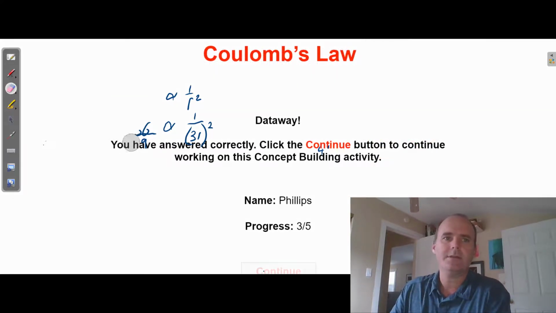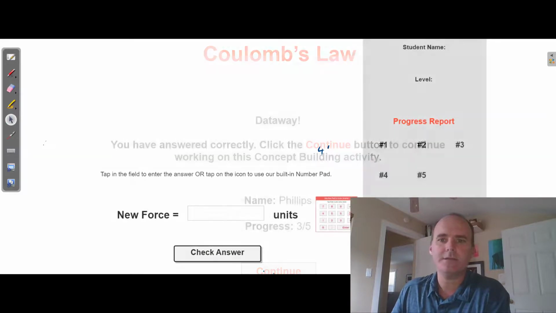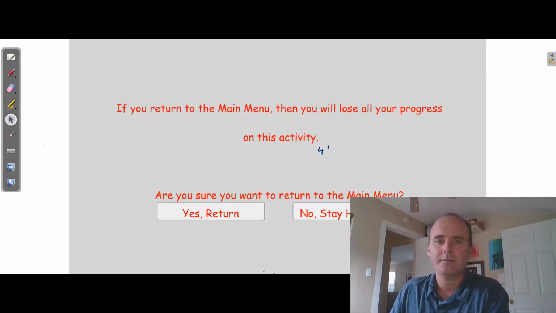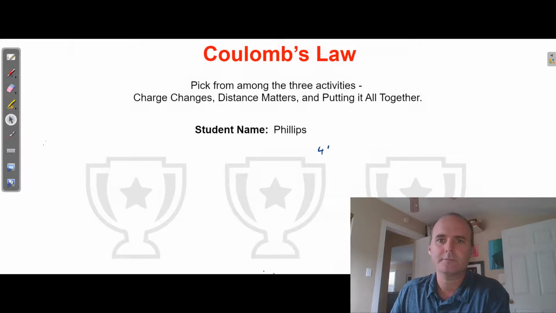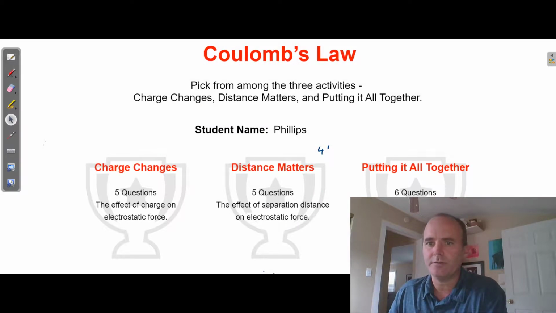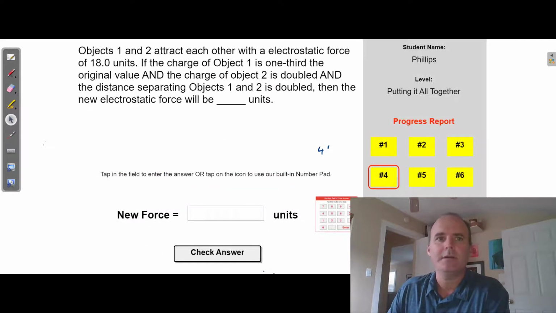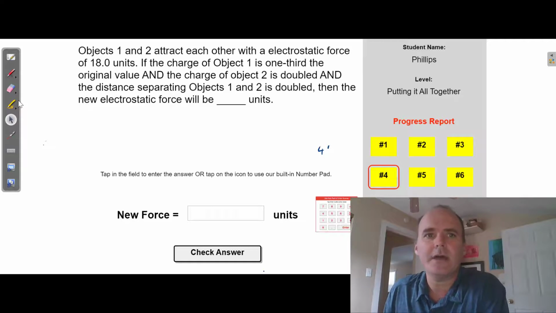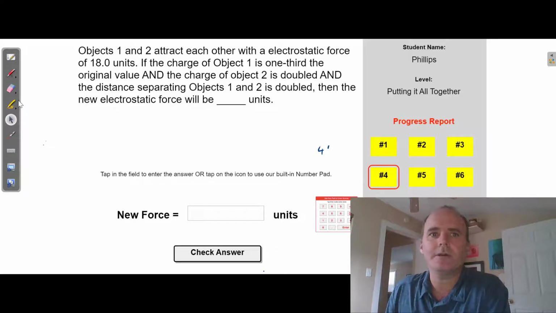Okay, let's go to the last one now. I think the last one is the challenging one. Wizard is always challenging. Okay, now we have a force of 18. So object 1 is 1/3, and the charge on object 2 is doubled, and the distance separating objects 1 and 2 is doubled.